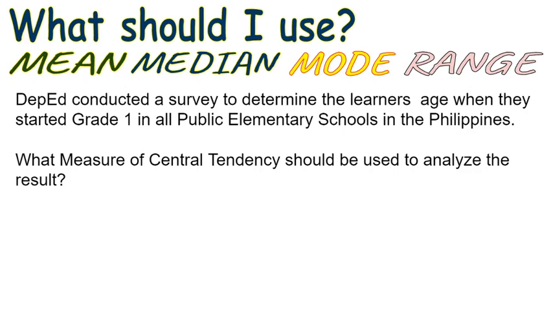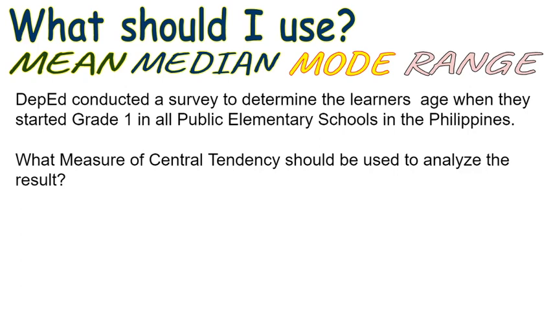Okay, so here in this example, DepEd conducted a survey to determine the learner's age when they started grade 1 in all public elementary schools in the Philippines. What do you think is the measure of central tendency that you should use to analyze the result? Will you use the mean, the median, the mode, or the range? Just think about the characteristics of each so you can figure out the best measure of central tendency or the range that you will be using.